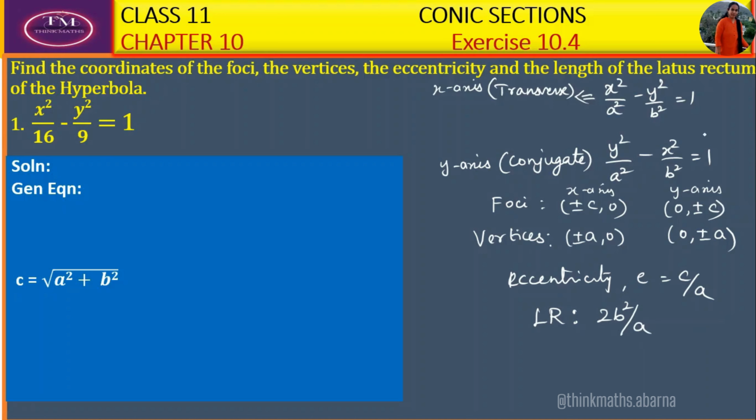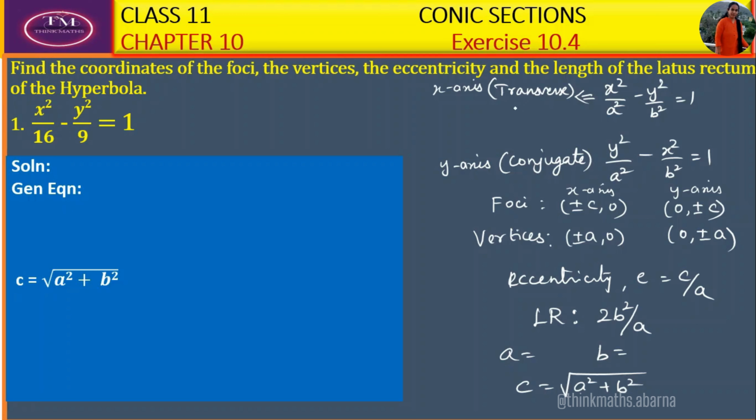From the given equation and this general format, we have to find a and b. After finding a and b, we find c. c is nothing but square root of a square plus b square. If you substitute all the values in these formulas, then we can find foci, vertices, eccentricity, latus rectum, and all the values.